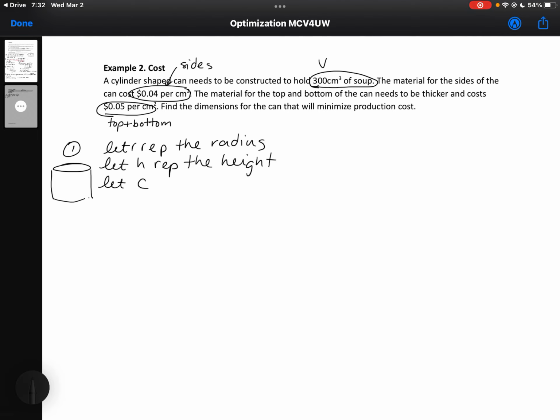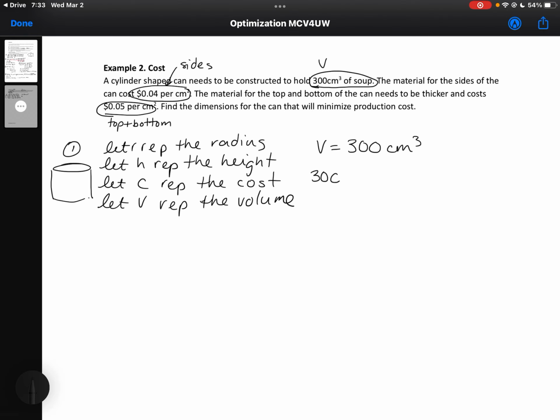I'll let C represent the cost. And I may as well, I'll write down V too. Let V represent the volume. So I'm just describing everything that I'm using. So I know that my volume is 300 centimeters cubed. I also know that the volume of my can is pi r squared h.